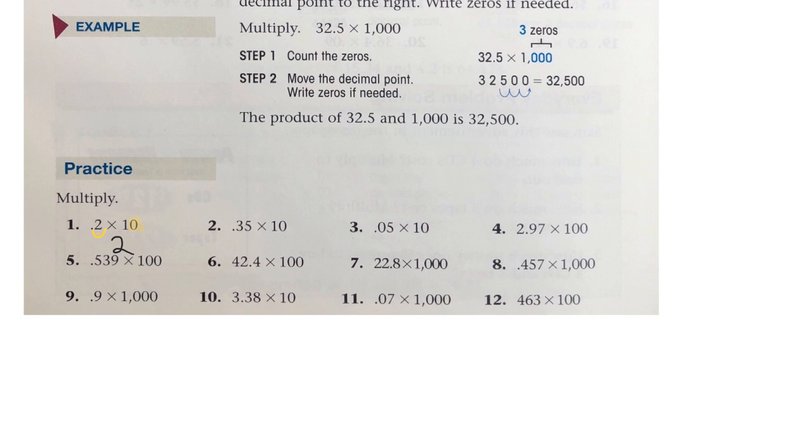Number 2 has 35 hundredths times 10. 10 has one 0, so we'll move the decimal once to the right, and now the new number is 3 and 5/10.